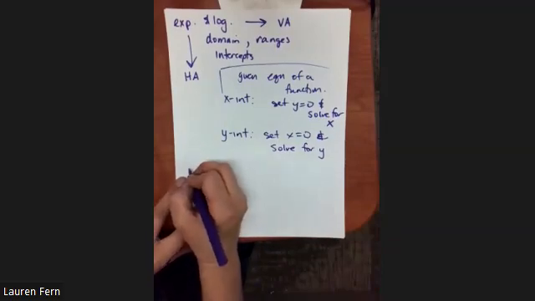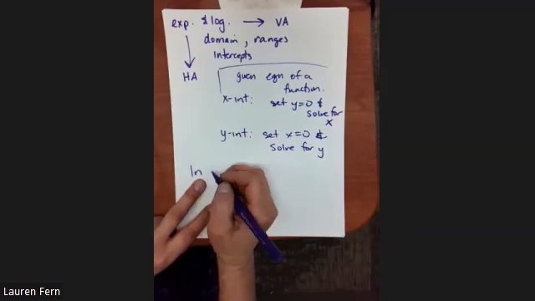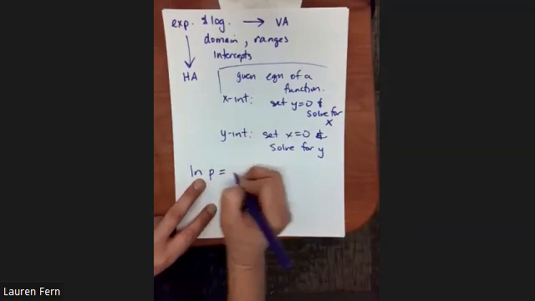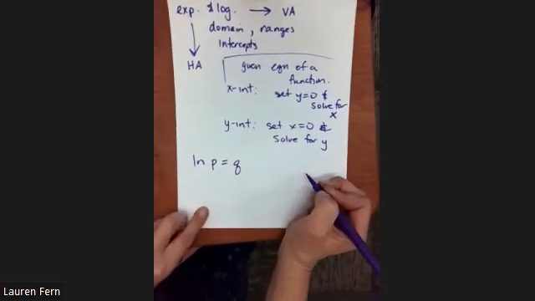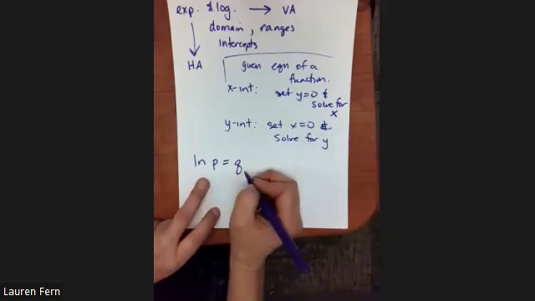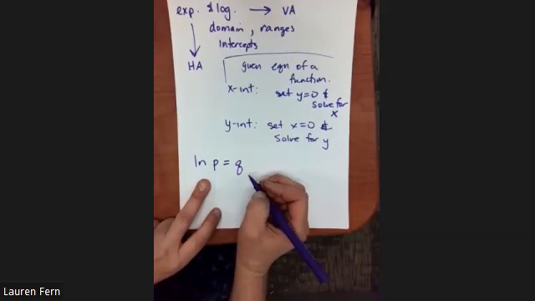Suppose I tell you that the natural log of, who really cares? I don't know, the natural log of P is equal to Q. How would I get this out of log form and into equivalent exponential form?